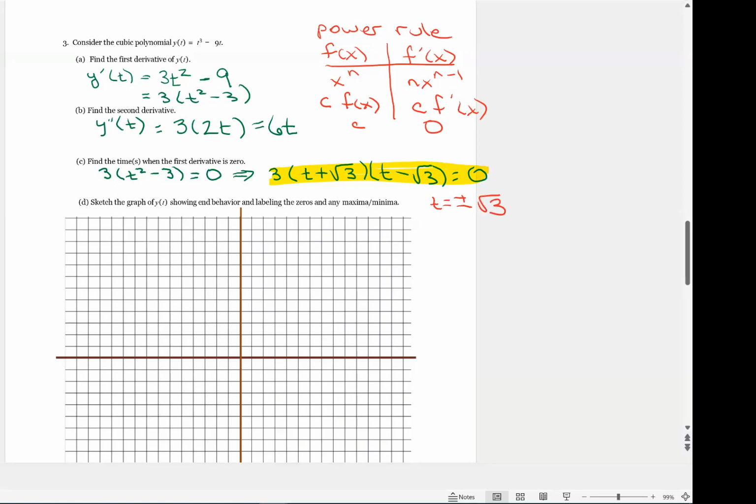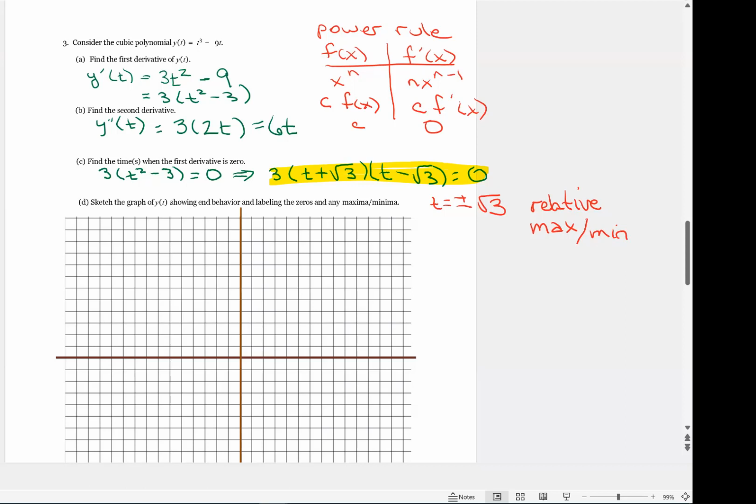That's called my zero. Now, where the first derivative equals 0, we will find what we call relative max or min of a function.